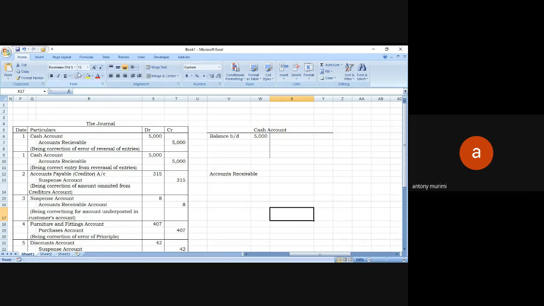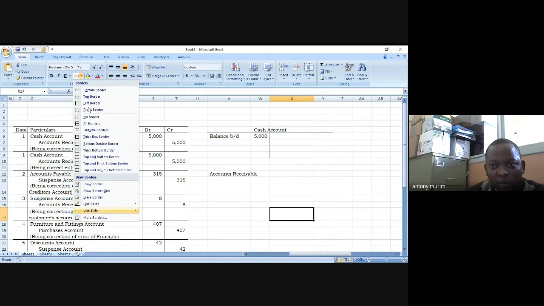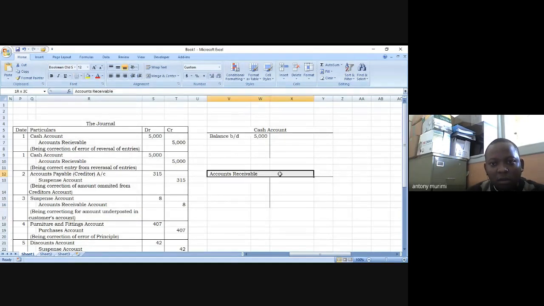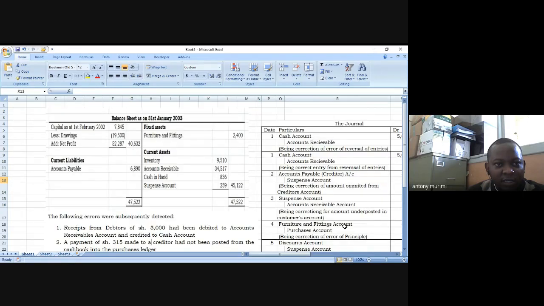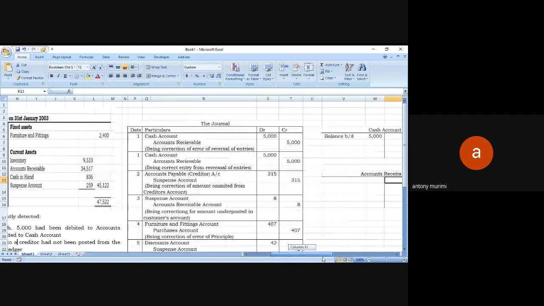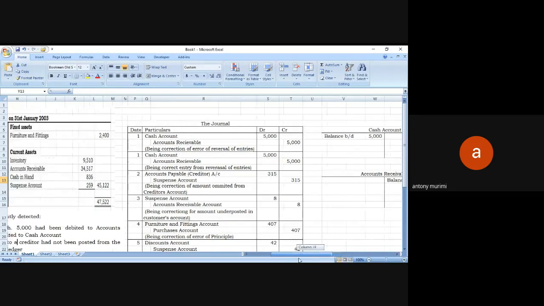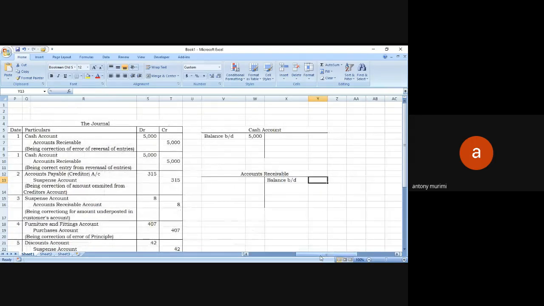Accounts receivable. From our balance sheet, accounts receivable, the amount is 34,517. Accounts receivable, the balance brought down is how much? 34,517.